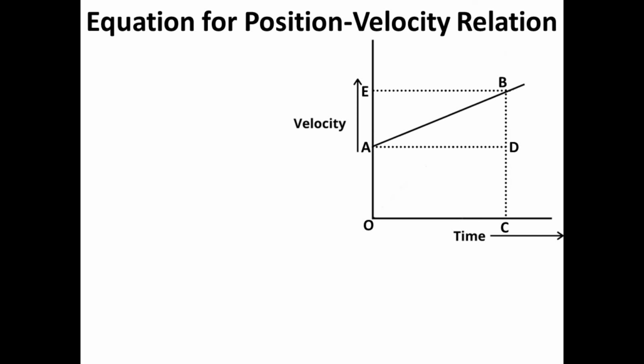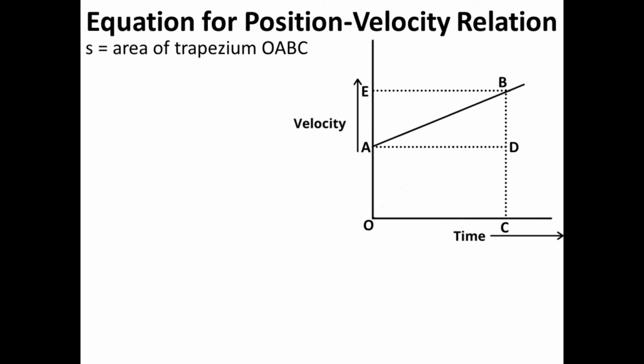Last is the equation for position velocity relation. जब हमने position time relation discuss किया था, then we learned that in time t under uniform acceleration a, the distance covered by an object is given by the area of trapezium OABC.